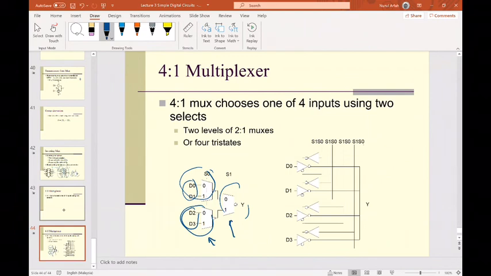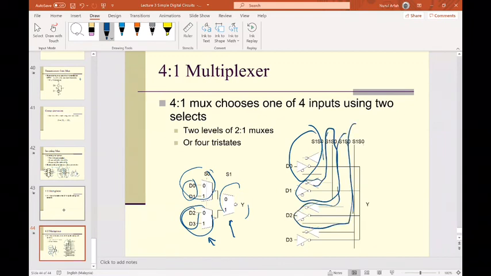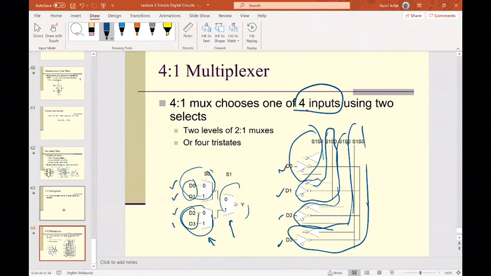The other way is to have it in series of 4 tri-states. So you have number 1, number 2, number 3, and number 4, so 4 inputs, 1, 2, 3, 4, and also 4 inputs here. Both are the same, but the way you draw it is different. Okay?